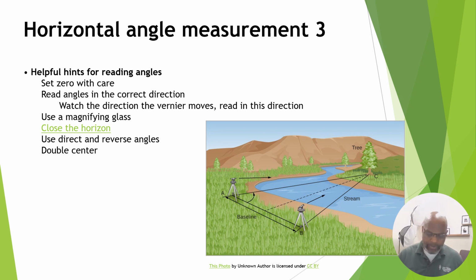So if you go back to the point where you first started, it should line up at 0. In other words, the scale shouldn't change. It should be dead on 0 or 360. It should add up every time. I got a video here that goes through how to close the horizon.